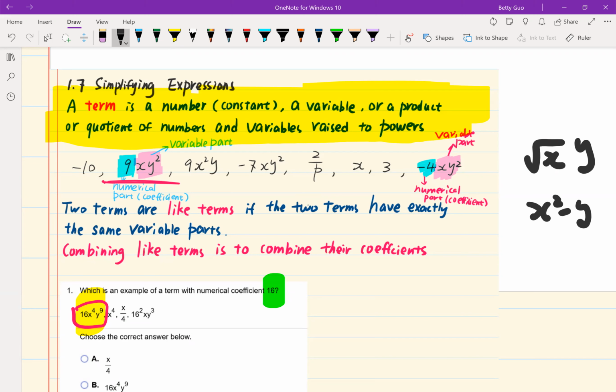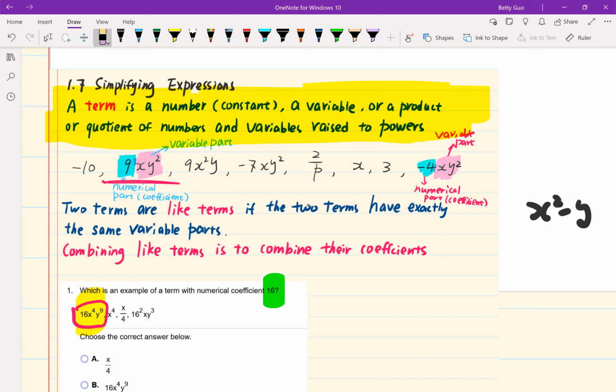Raised to powers, and this one is okay. This one is a rational exponent. I mean this one, x squared minus y. X squared minus y. Do you see a subtraction? So that is not one term, that is two terms. And this expression has two terms. The first term is x squared, the second term is negative y.